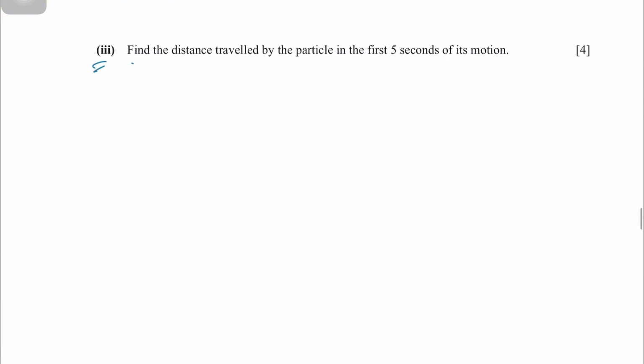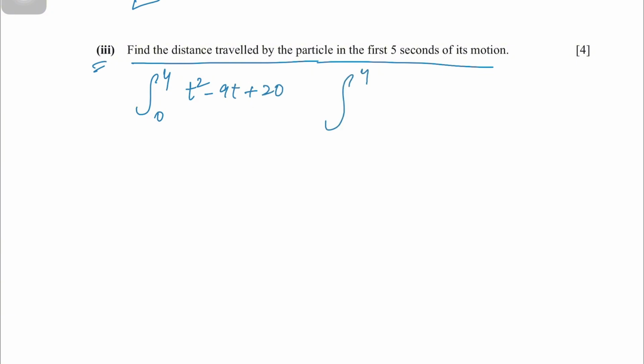Moving on to part 3, we have find the distance traveled by the particle in the first 5 seconds of its motion. So for the distance, we need to integrate it. So this would be 4 till 0 because 4 is a critical point, and then we will be using 5 and 4 separately because it is a critical point.